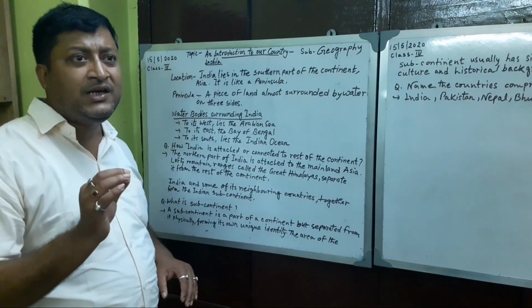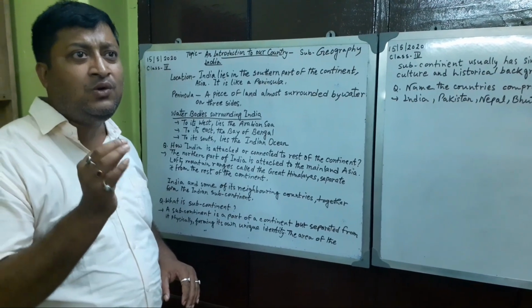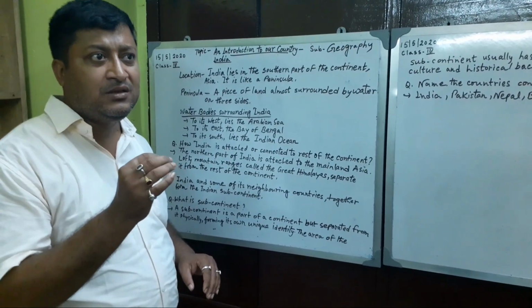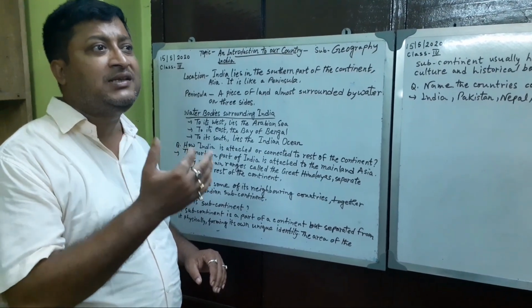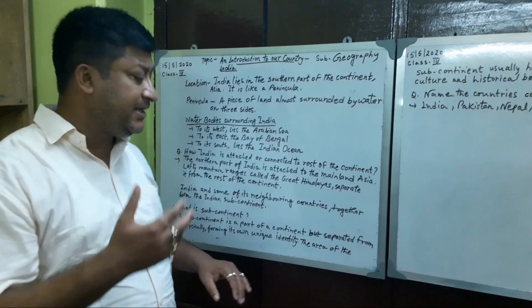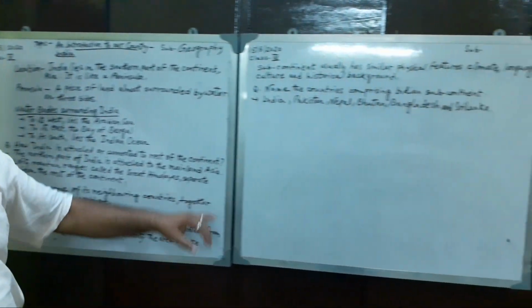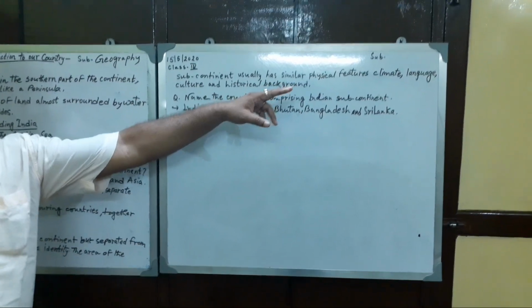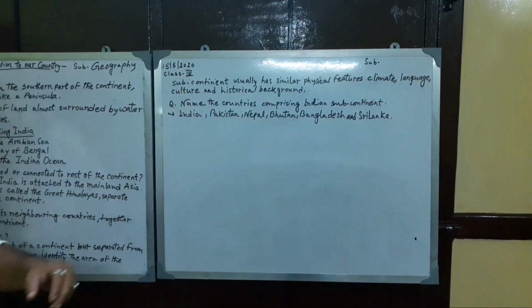Forming its own unique identity means it has its own name and features, which are different from others. So how is it different from others? The areas of the subcontinent usually have similar physical features, climate, language, culture and historical background.